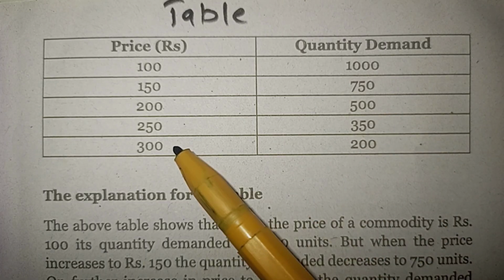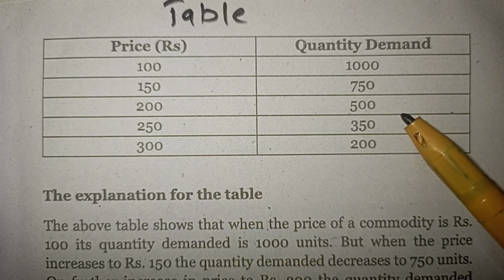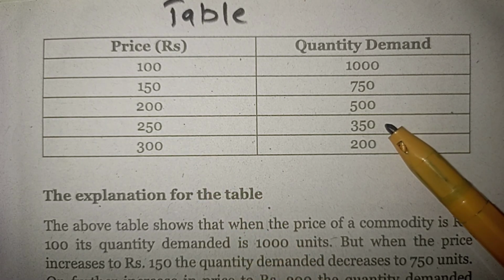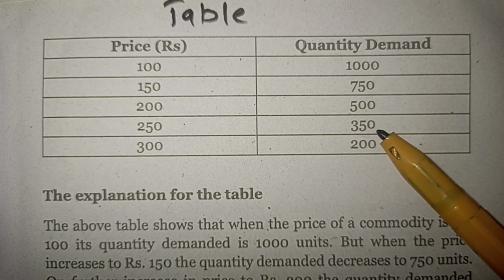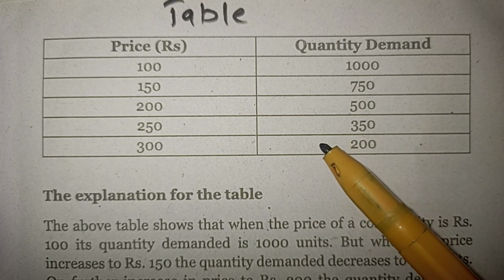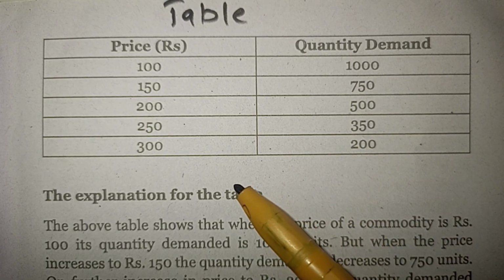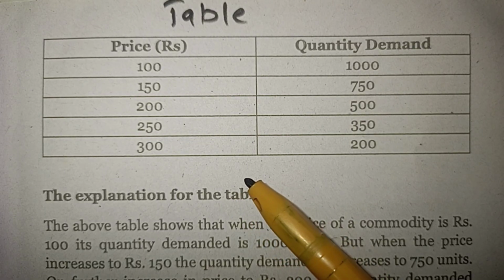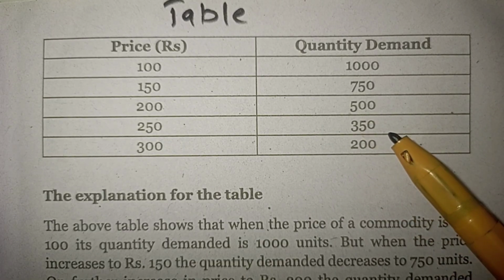But here, with a 50 rupee increase, demand decreases by 150 kgs. It means no specific increase or decrease. The rate of change in price and the rate of change in demand are not equal or uniform.